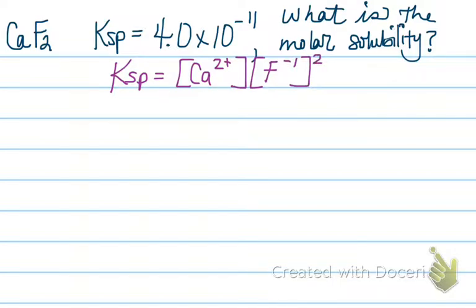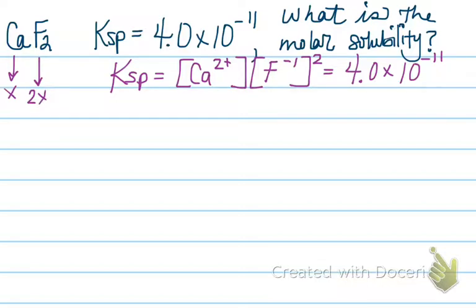And this will equal 4.0 times 10 to the negative 11th. So you are essentially solving for x. And if you think about it, you had that dissociation equation that we wrote earlier. For every 1 calcium, there should be 2 times that value of fluorine.